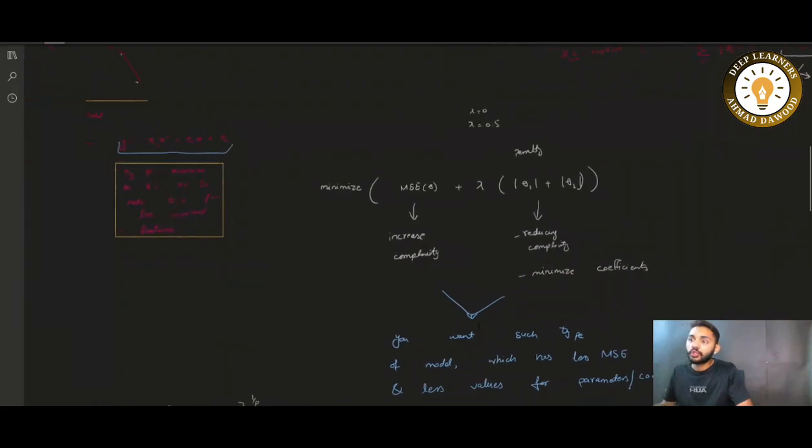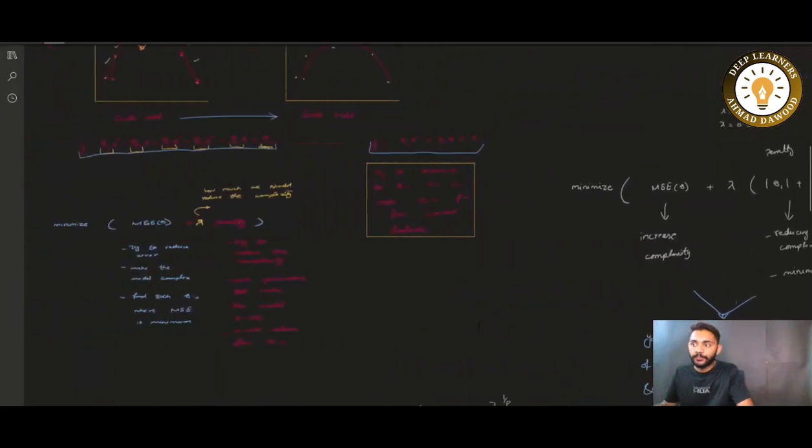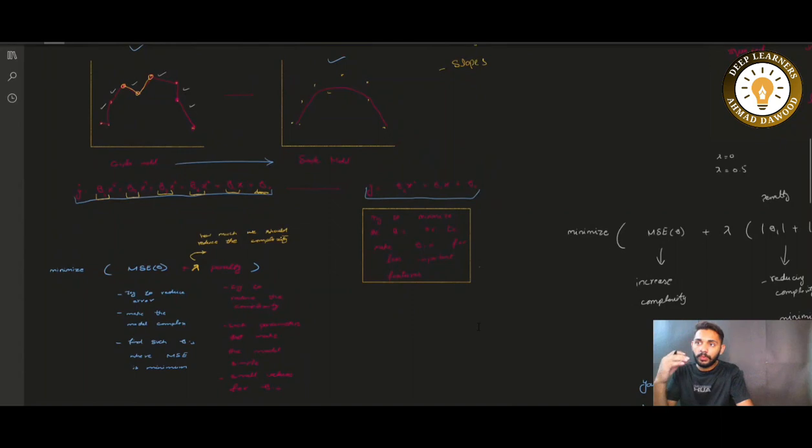So till now we have seen that regularization is a concept in which we are avoiding overfitting. How are we going to avoid overfitting? Before that, we learned what factor led towards overfitting.